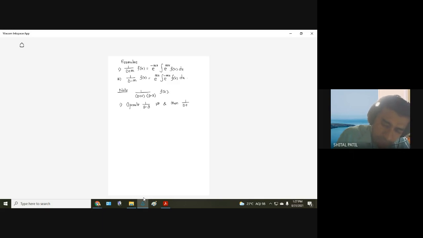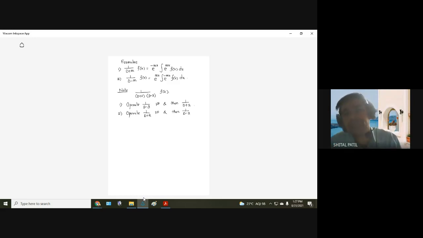How to do this, we'll understand through a few examples. Second, we can reverse the order: operate 1 upon d plus 2 first and then 1 upon d minus 3. Now the question may be how to decide which to operate first. There are a few tricks, and it depends upon practice. We'll understand this while solving the examples.